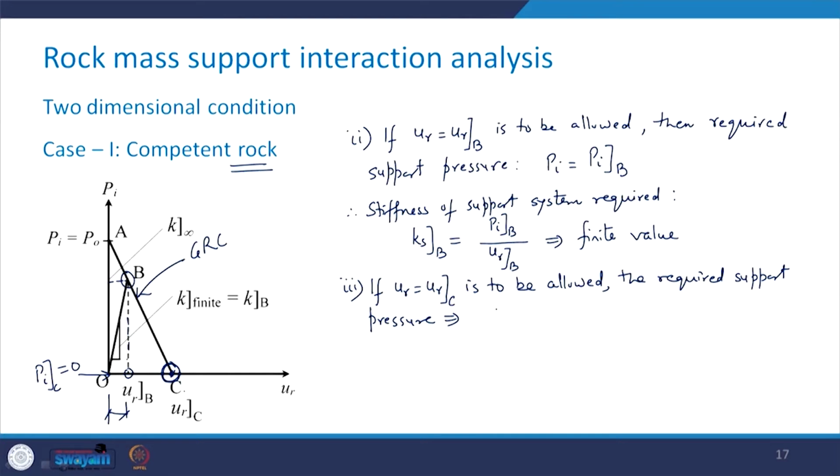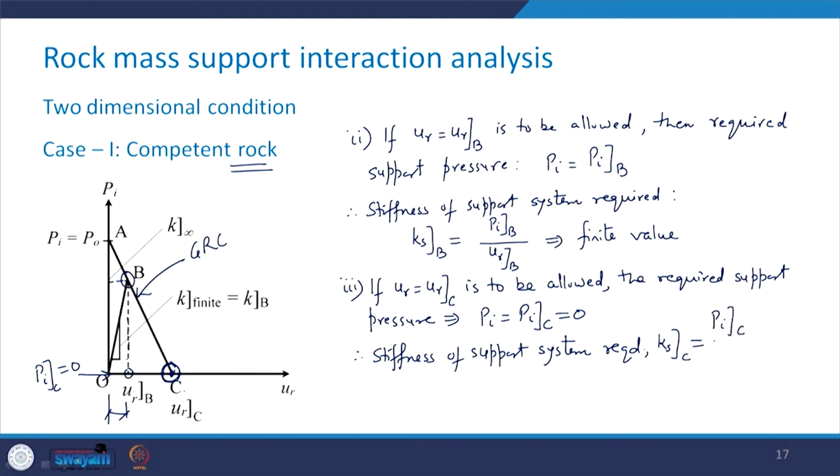So what we are going to get is Pi equal to Pi at C, this is equal to 0. Therefore, the stiffness of the support system required is going to be equal to, say, Ks at C, which is equal to Pi at C divided by Ur at C, and this will be equal to 0.